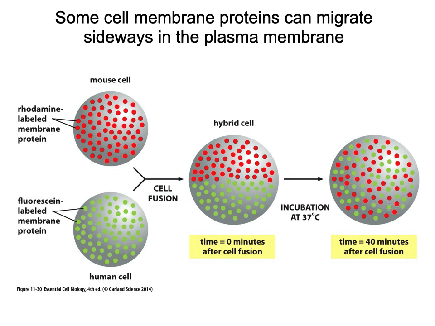You basically have a mouse hemisphere and a human hemisphere, but after incubation, after about 40 minutes, if you look at these cells again, these membrane proteins have moved to different locations, okay? And so there's this movement and diffusion of the proteins.